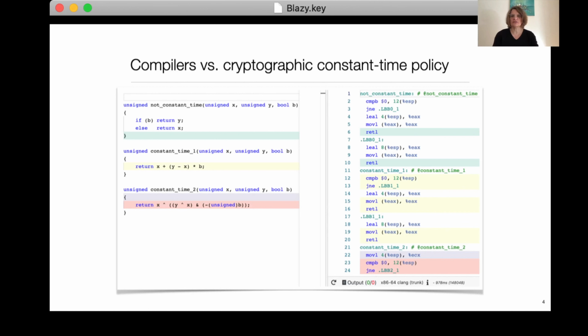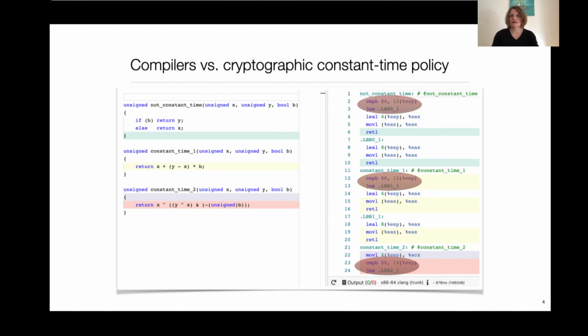On the right, you can see the compiled version of these programs. And what we can see here is that all the compiled programs are not constant time. Indeed, we can see that the compiler added a JNE instruction that is a conditional jump depending on the result of a previous comparison, which could involve a secret value.